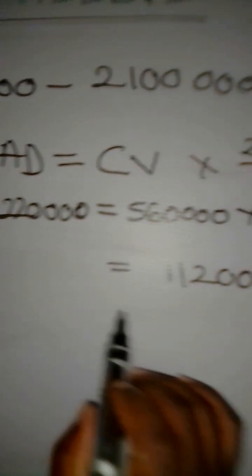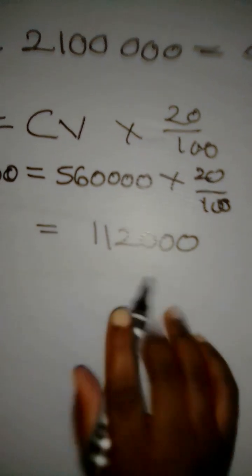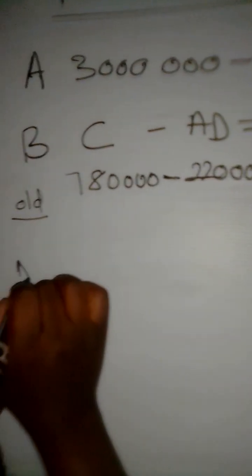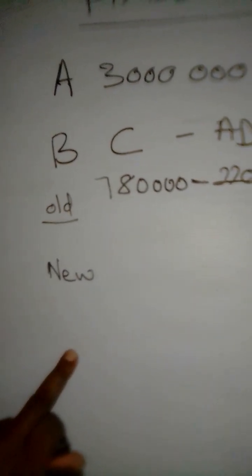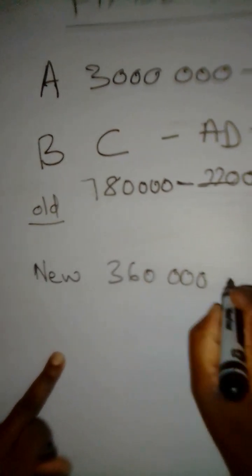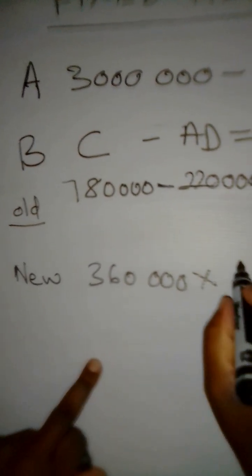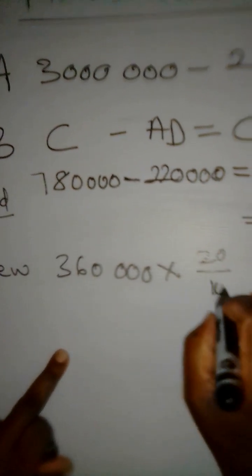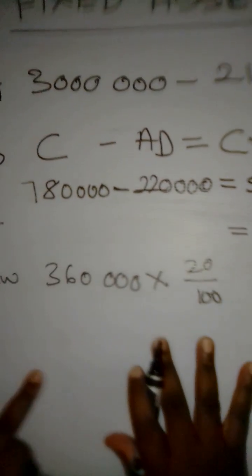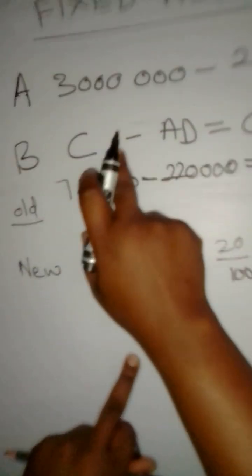Remember, these are the old assets, and there is a new asset. The depreciation for the old asset, which has been in the business from the beginning of the year, is 112,000. The new motor vehicle was bought for 360,000 around June. There is no accumulated depreciation on a new asset, so we are not going to apply this formula.